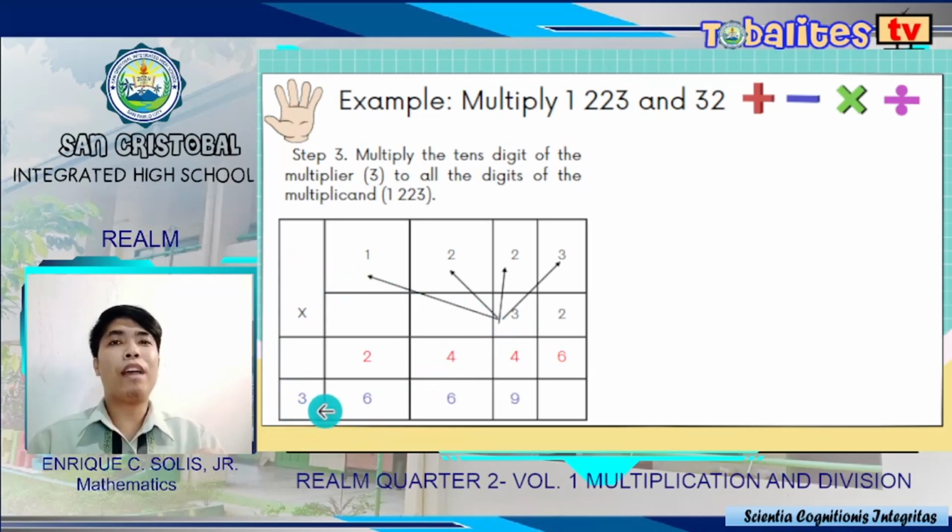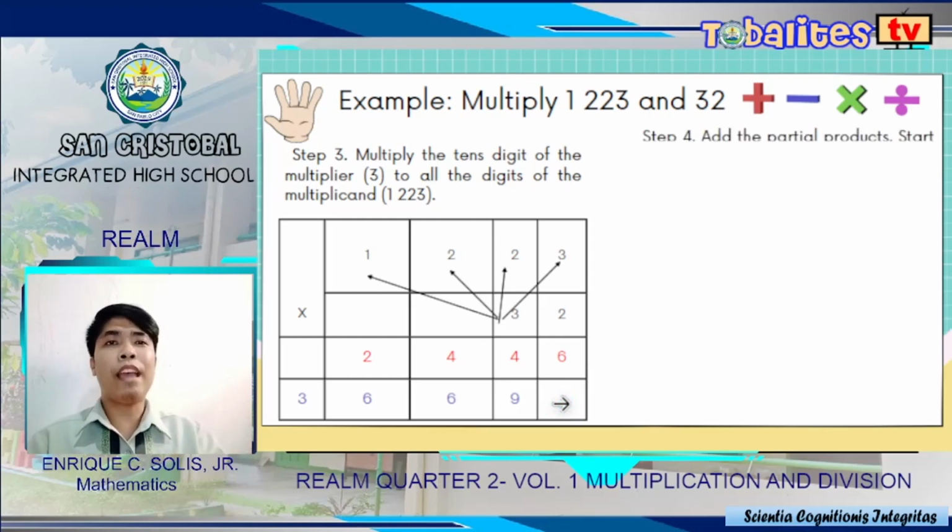So we have the second partial product, which is 3,669, but it is actually 36,690 since we are multiplying 30 by 1,223. So we can write 0 here so that you will not misconceive the multiplication. Next, add the partial products.